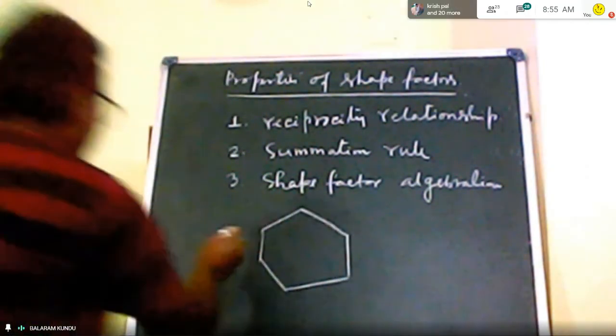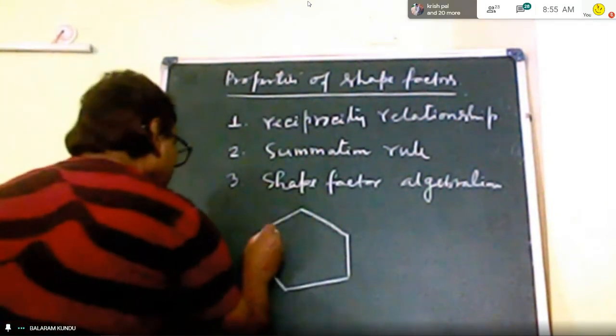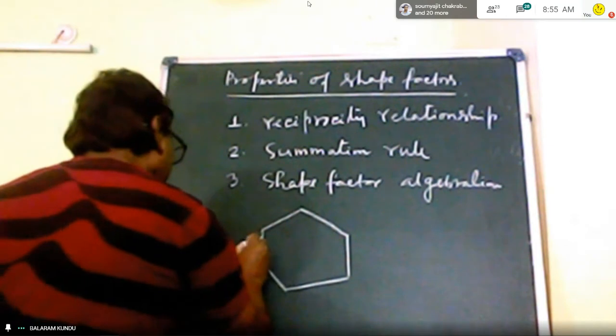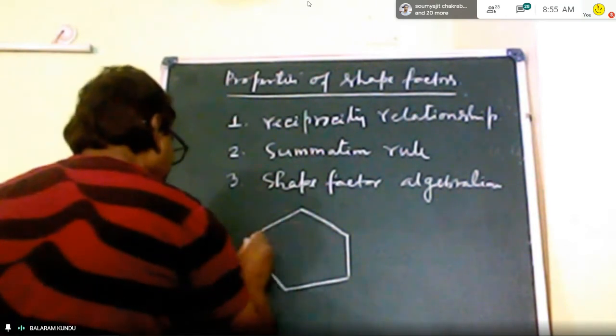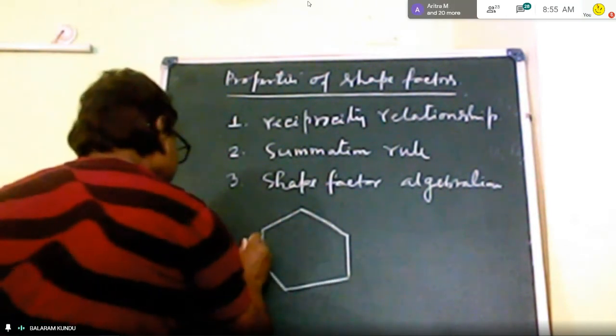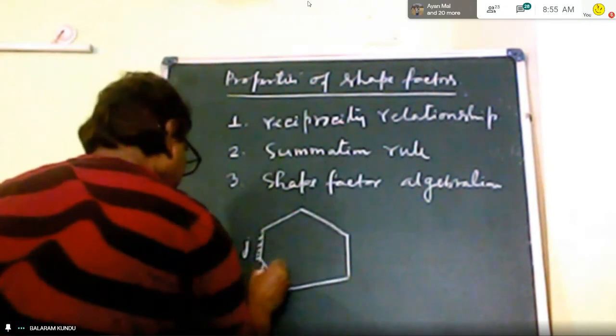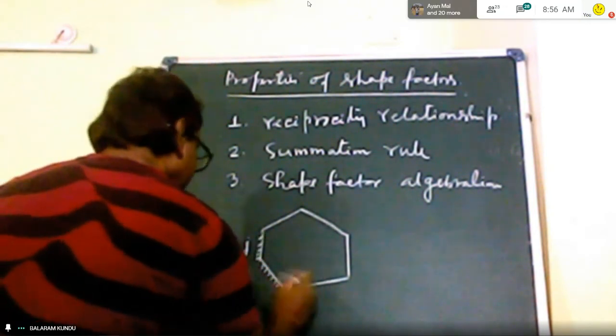So this is one surface. Say this is the I surface, and this is the J surface, another surface.